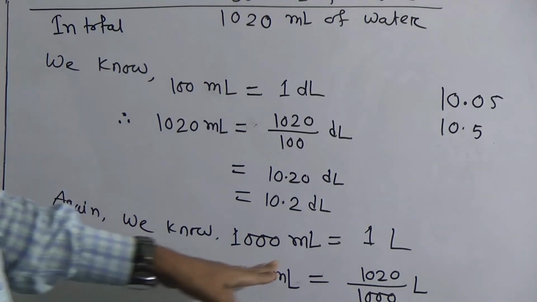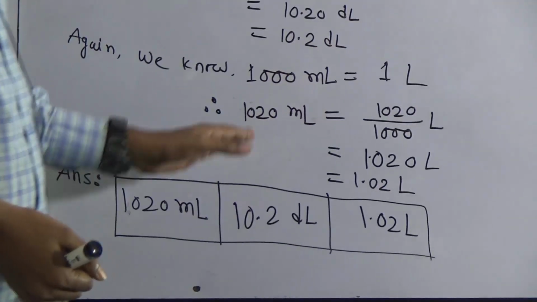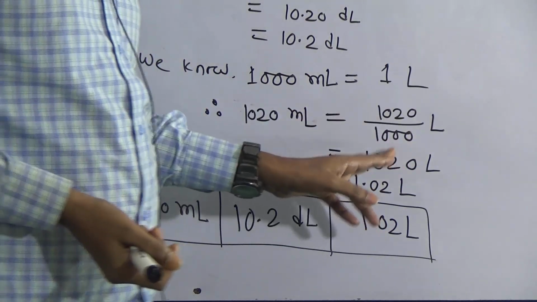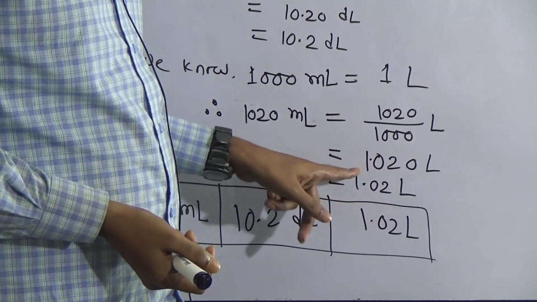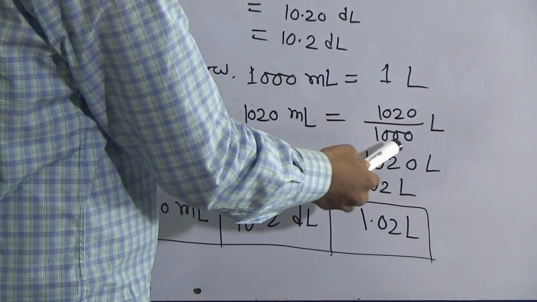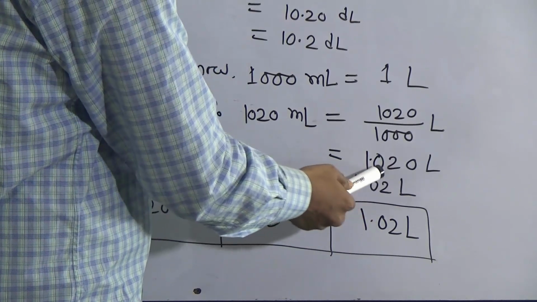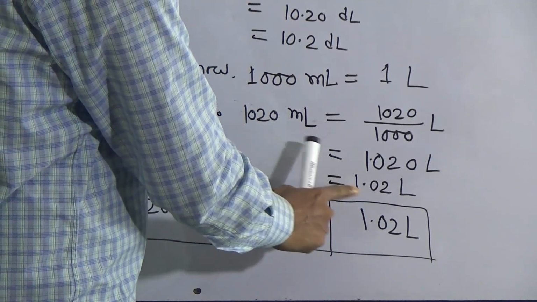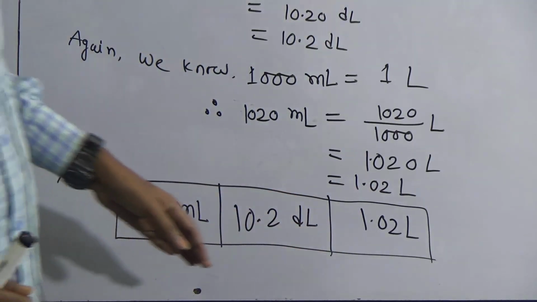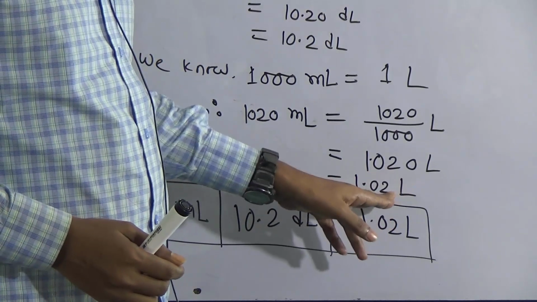Now we know 1000 milliliter equal to 1 liter. Therefore 1020 milliliter equal to 1020 by 1000, then we get 1.020. You see, after 3 digits you have to put the point 1, 2, 3. That means we got 1.02. But I have written here this 0 in here.